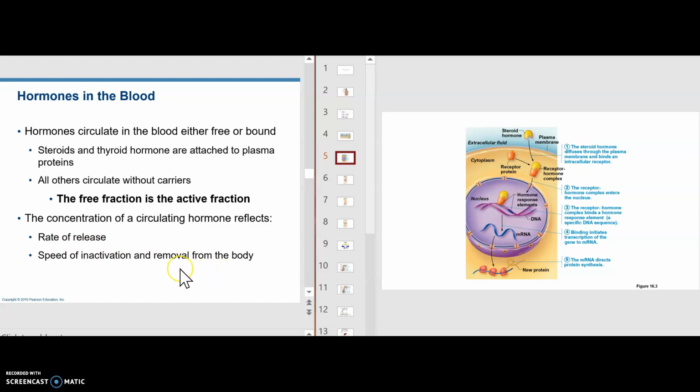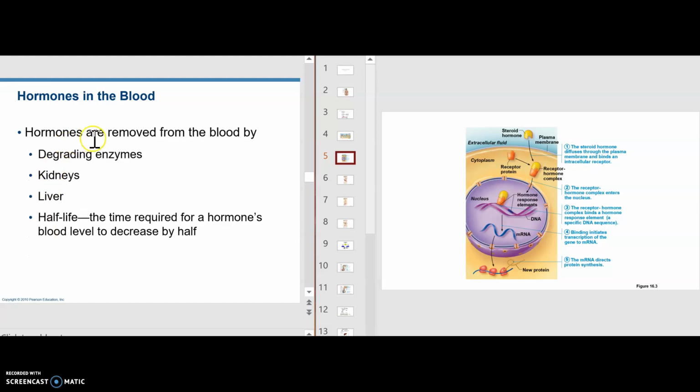Hormones are inactivated by enzymatic activity. So some hormones are inactivated, they're removed that way. Some are urinated out, haven't been degraded. So again, there are various factors involved in the concentration of a circulating hormone. Okay.